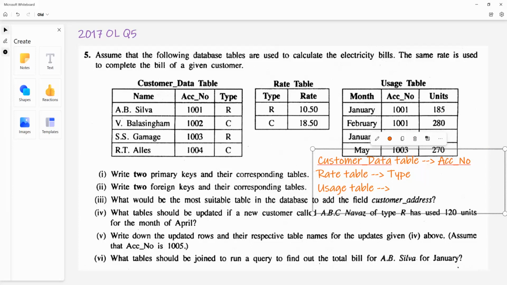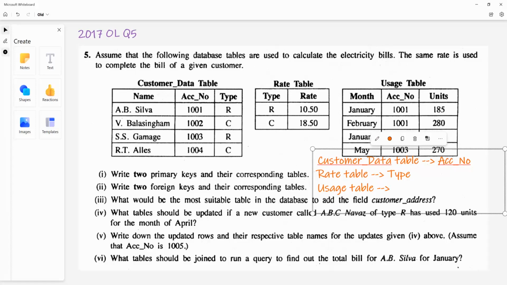We can't, it's repeated. Can we take account number? Remember, I told you in primary keys, no duplicate values are allowed. Account number is also not a primary key. Units? No, I don't think we can use unit. So what kind of a key are we supposed to create here, if individual fields are not working?